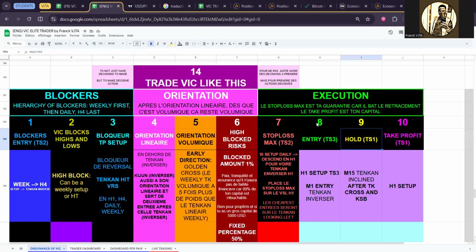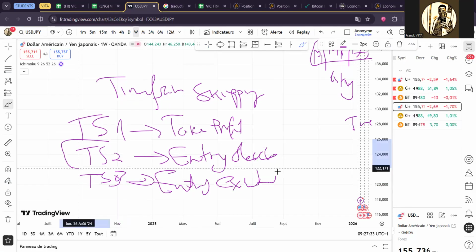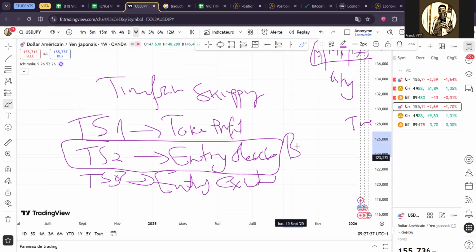I will talk to you about it when we look at the entry execution a little bit more. But you need to understand that we have three types of time frame skipping. One of the most important is this one, because this one is the blocker, by the way. That's why I'm talking to you about this one now.